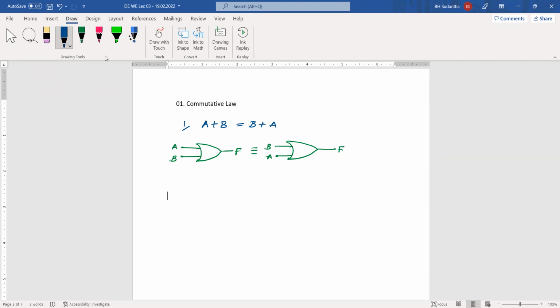Again, for the AND gate also, it is the same thing. The meaning is the same. Here I'll draw this one, but you can understand this.